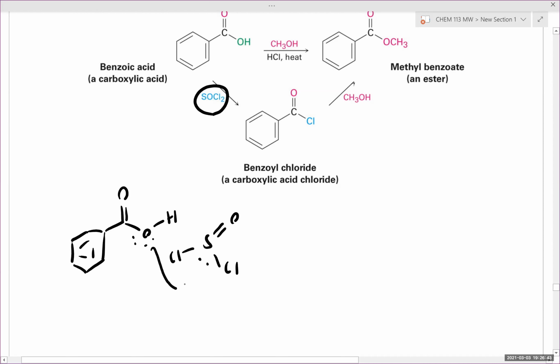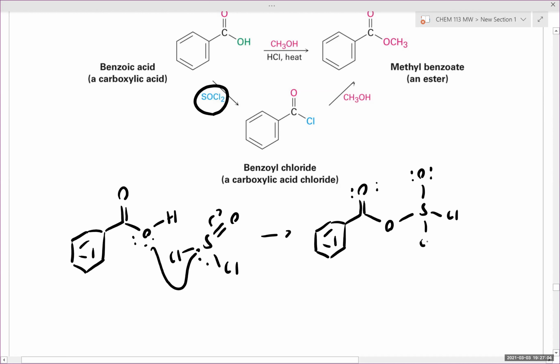This is quite an informative mechanism to discuss because it highlights a central idea in carbonyl substitution. So our first step, our nucleophile, which is the carboxylic acid oxygen, is going to attack the electrophilic sulfur in thionyl chloride.